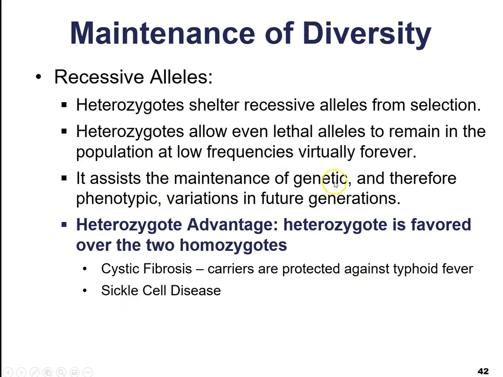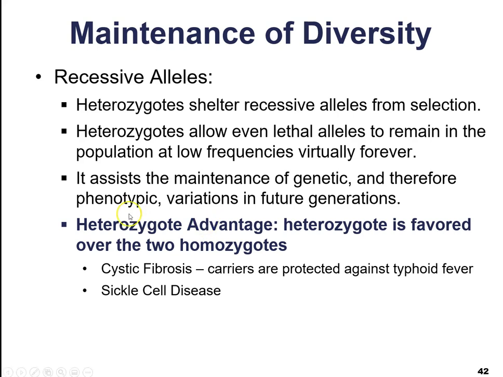So again, it assists in the maintenance of genetic and therefore phenotypic variations in future generations, because again, something may change that then does make it beneficial to have that recessive allele. And so if that recessive allele went away, right, and we had that lack of variation, that could be a potential problem. Okay, so there's something called heterozygote advantage, right? So the heterozygote actually can become favored over the two homozygotes, again, depending on what environment you're in at that given time.